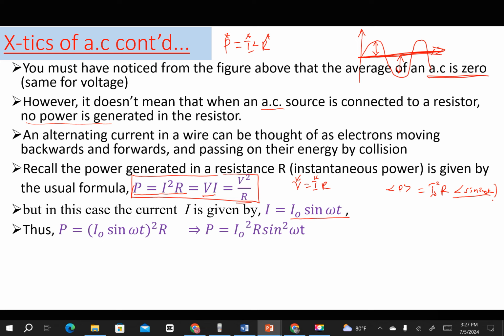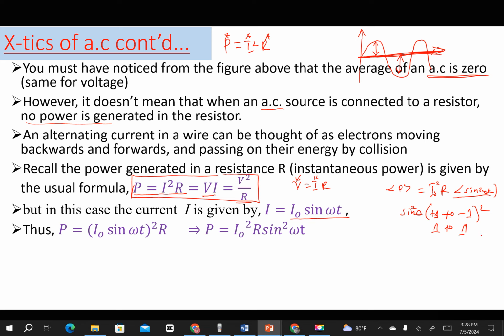If you're a mathematician, you'll agree with me that the maximum value of sine theta is +1, and the minimum value of sine theta is -1. So sine theta varies from +1 to -1. But if I square sine theta, it is going to vary between +1 squared, which is 1, and -1 squared, which is 1.